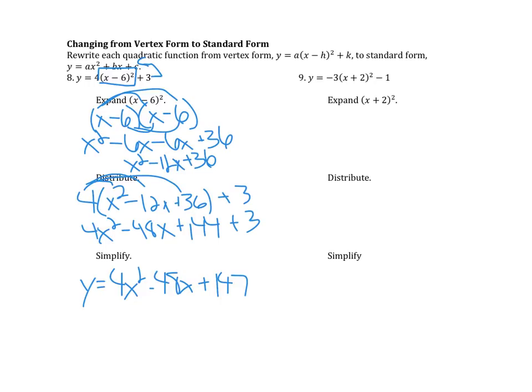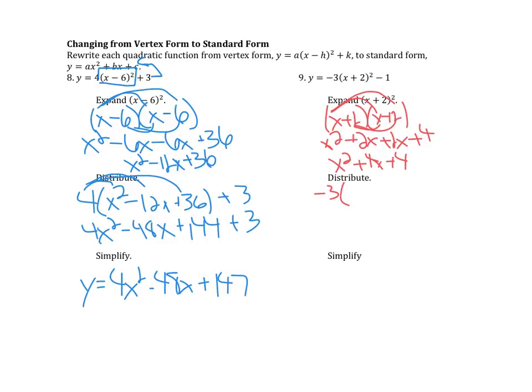All right, number 9, so we're going to expand. We get x plus 2 times x plus 2. Distribute, x times x is x squared plus 2x plus 2x plus 4. That gives us x squared plus 4x plus 4.